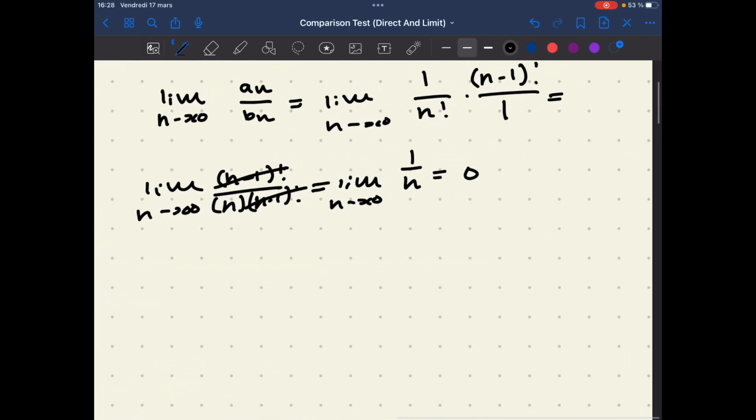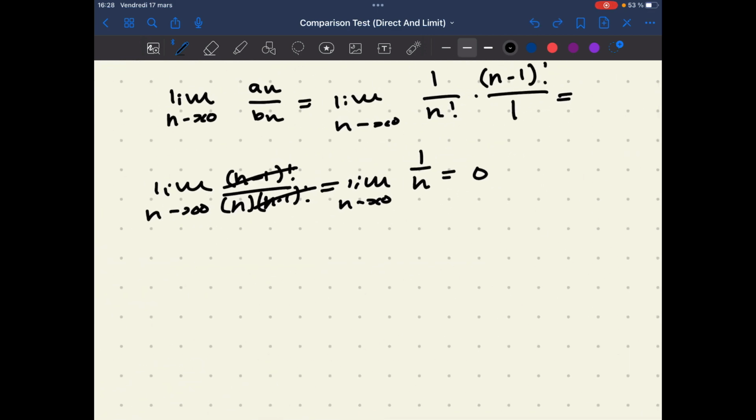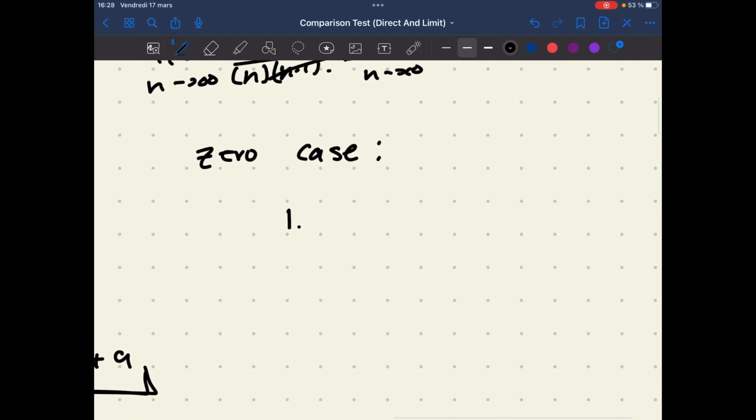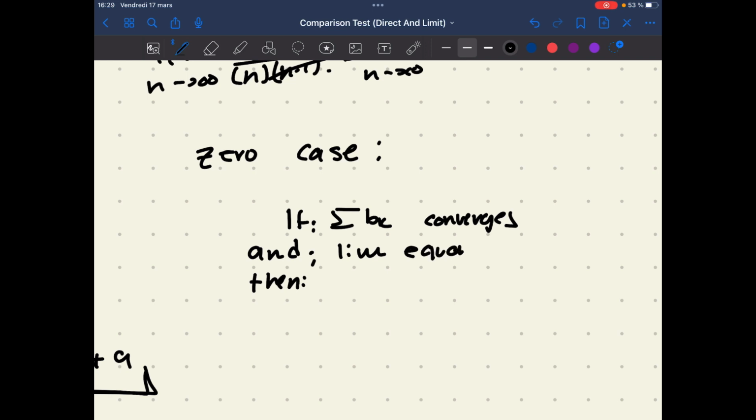Well, you know that if it equals 0, we can bring out the zero case. We can write: if the series of b sub k converges and the limit equals 0, then the series of a sub k, oh my bad, I did it again, converges as well.